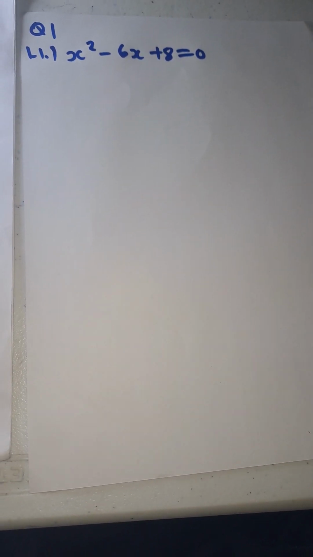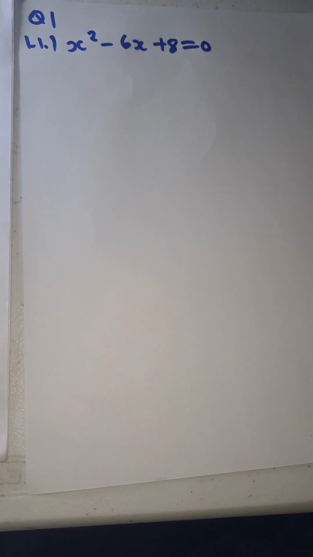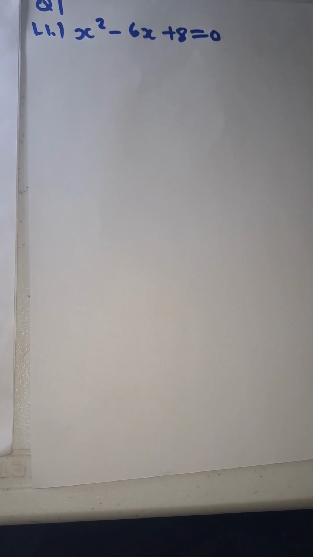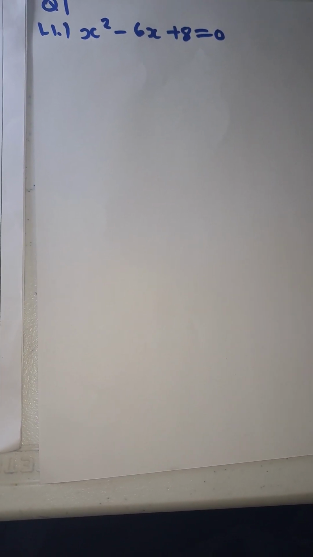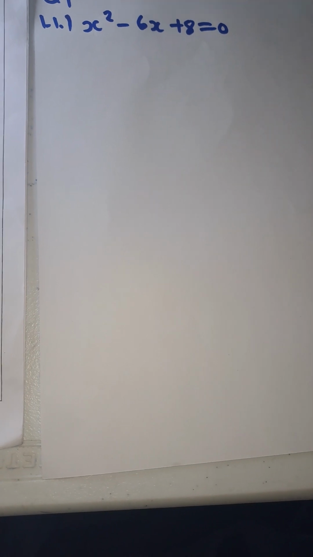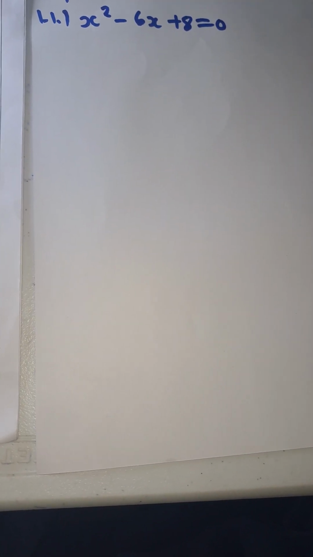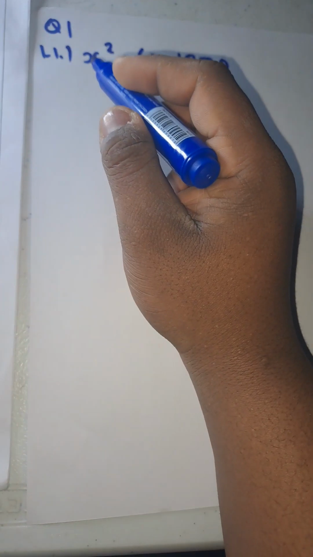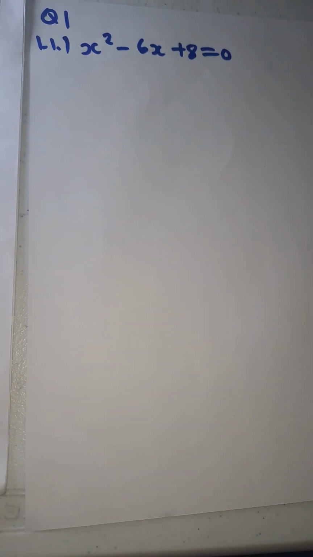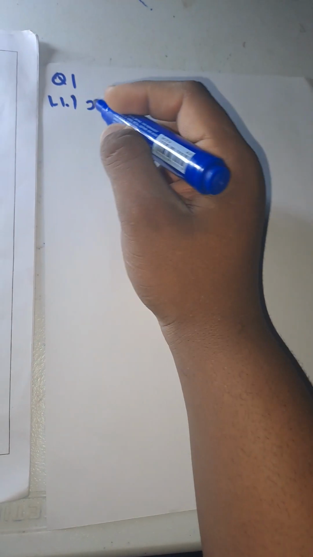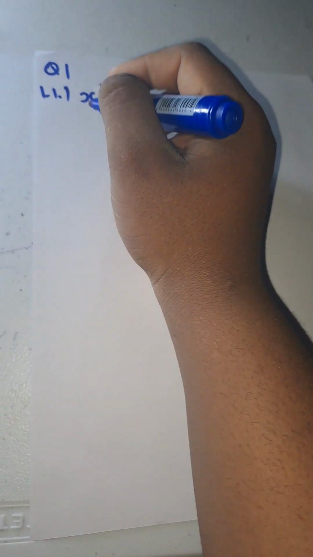As you can see, they have already put this in the form y equals ax squared plus bx plus c, because that is the very crucial thing in maths. Once they put it in that way, you know you're sorted. So I can factorize this, and you on your own can use the quadratic formula.